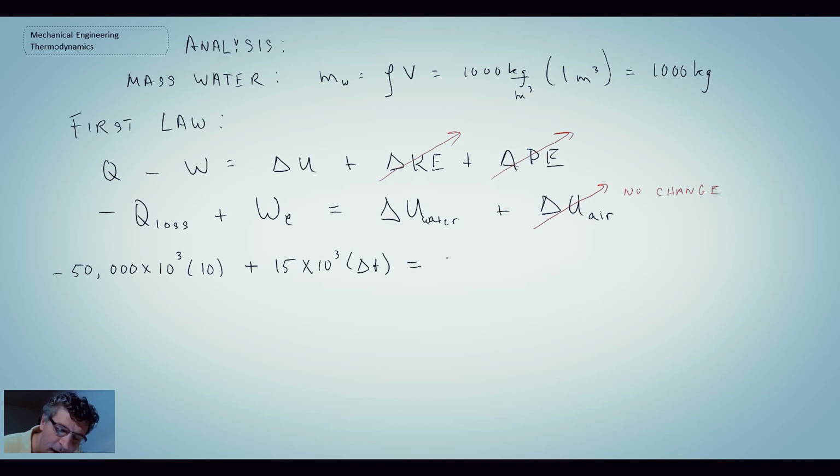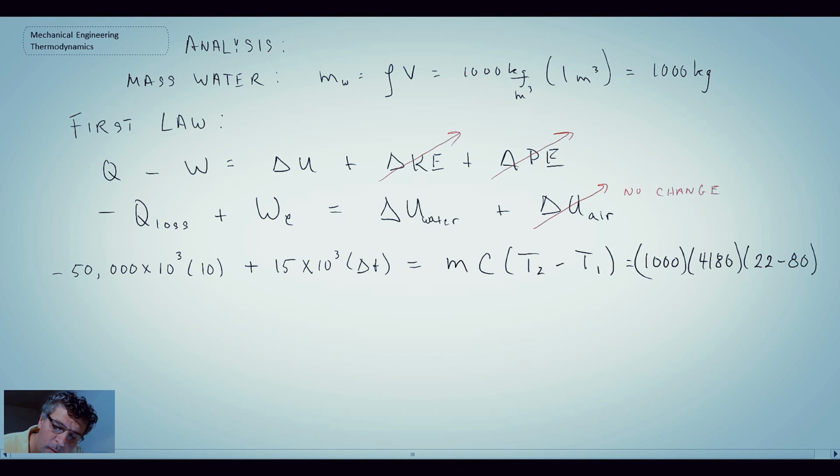And then on the right hand side, we can evaluate the change in internal energy of the water using mc delta T. So we can plug in our numbers, and what we find is that delta T is equal to 17,170 seconds, which equals 4.77 hours.